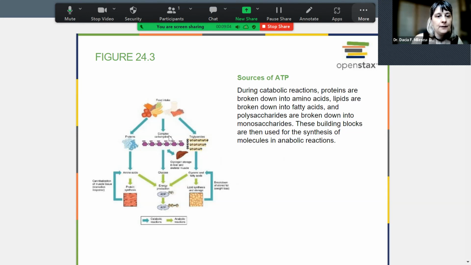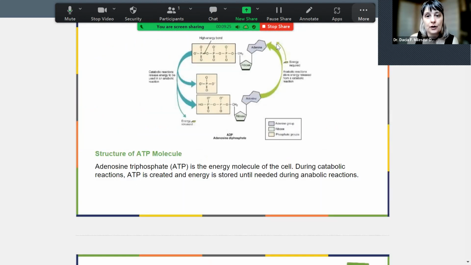Complex carbohydrates can become simple sugars like glucose, and that energy is used. Glucose can be a way of producing the energy needed to go from ADP to ATP, and then ATP can be stored and used in this direction. As you saw, ATP can be used for energy release, and the byproduct is ADP.